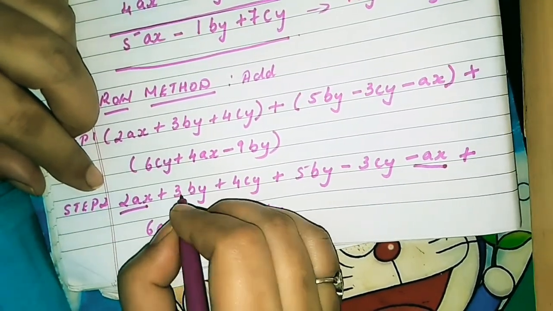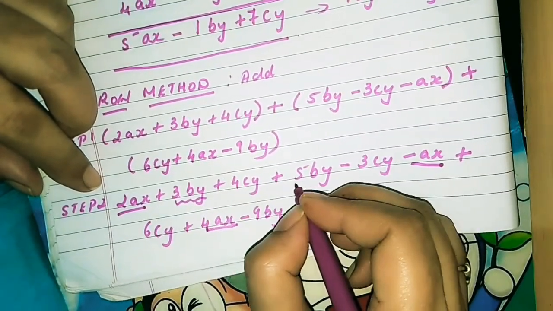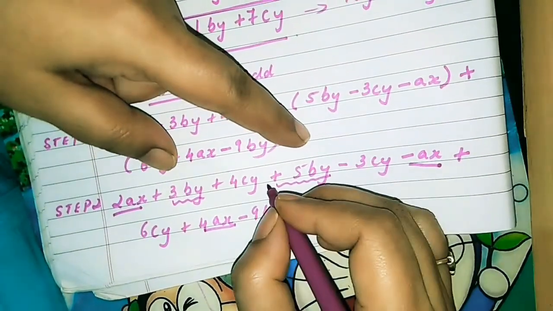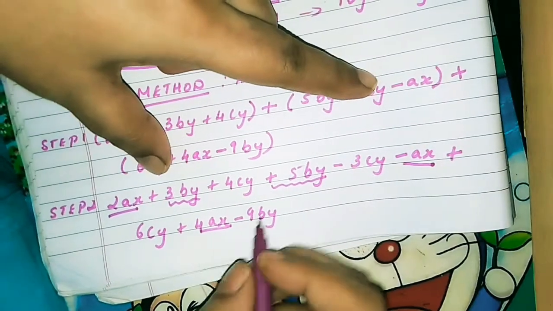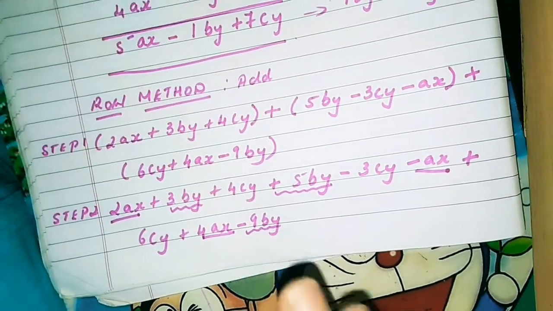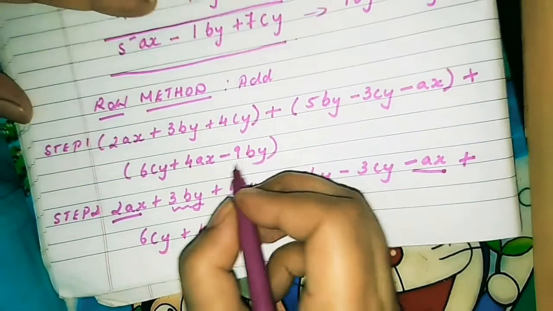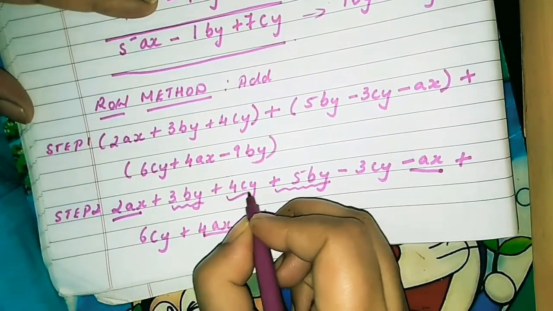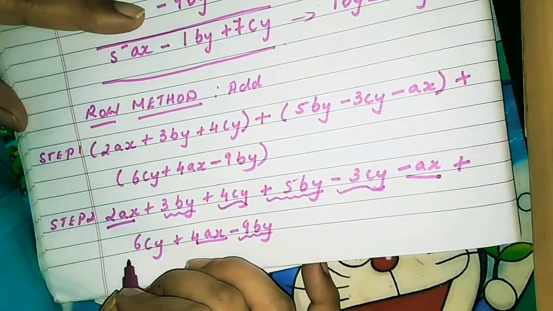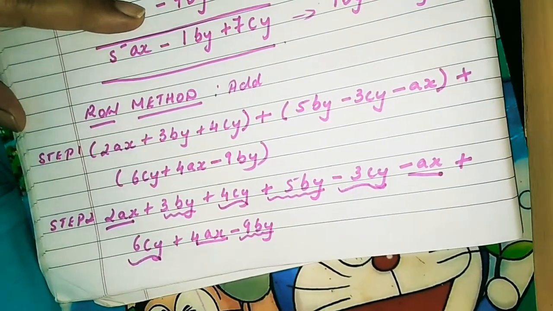And then 3by plus 5by along with this plus sign, and minus 9by along with the minus sign. That's another group. And the last one is plus 4cy minus 3cy and plus 6cy. This is another group.